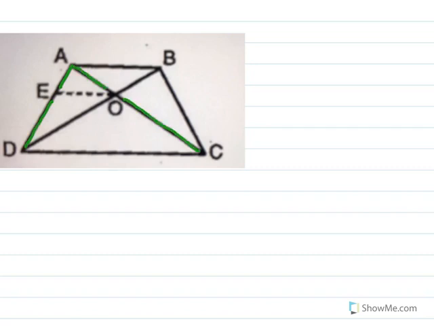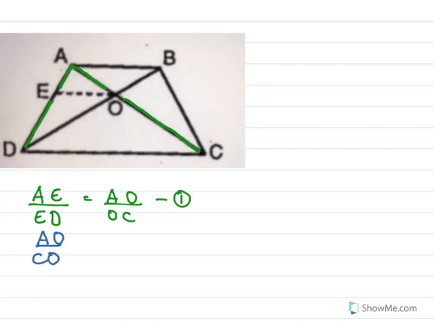Now we already showed AE over ED equal to AO over OC by BPT, so I'll write that AE over ED equal to AO over OC. That was my equation 1. And it is also given to me that AO over BO is equal to CO over DO.